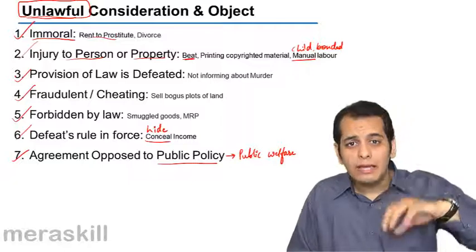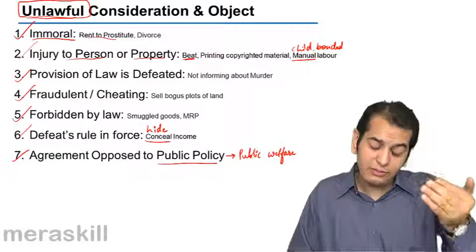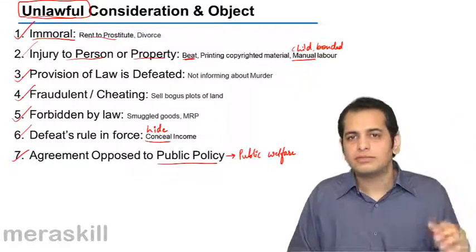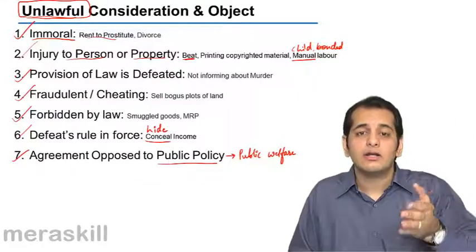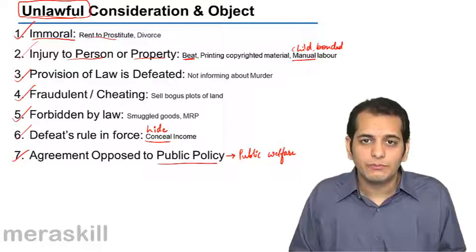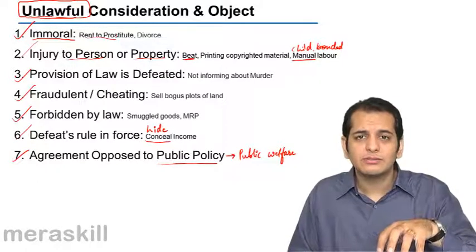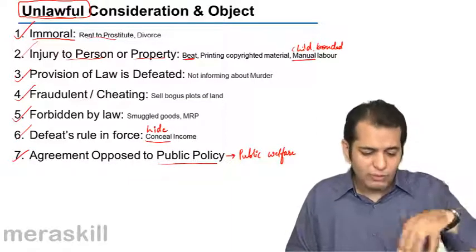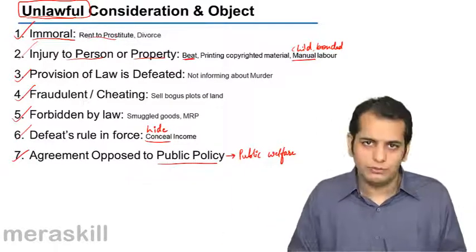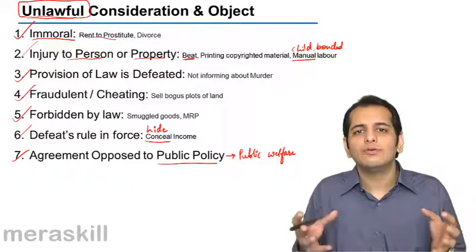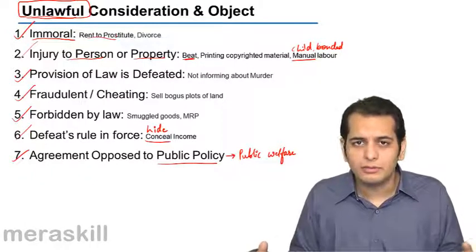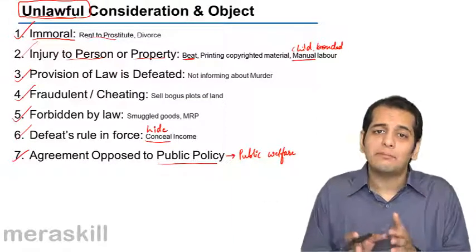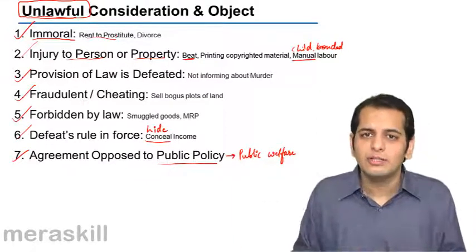Leave alone helping you recover the rent, the court will put you behind the bars for renting a house for prostitution. So, in these cases, you do not have a legal remedy because all these things are unlawful. Since they are unlawful, the contract becomes void. And once the contract becomes void, the rights or liabilities cannot be enforced in the court of law.